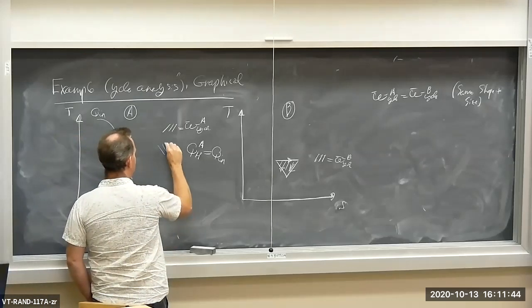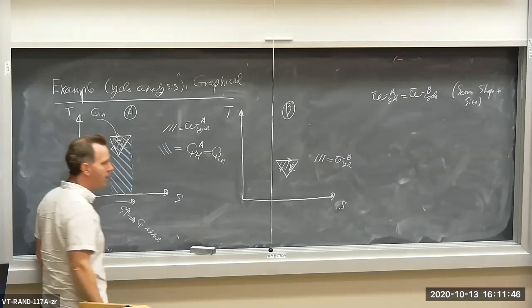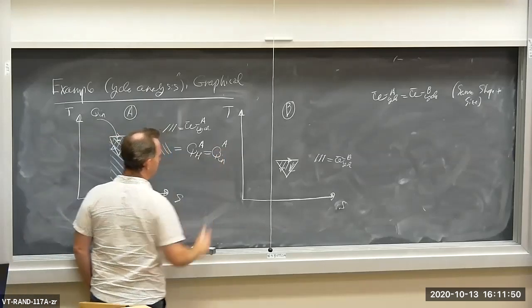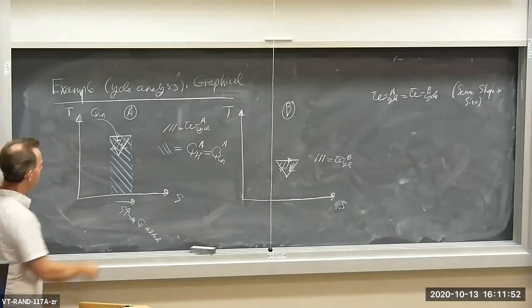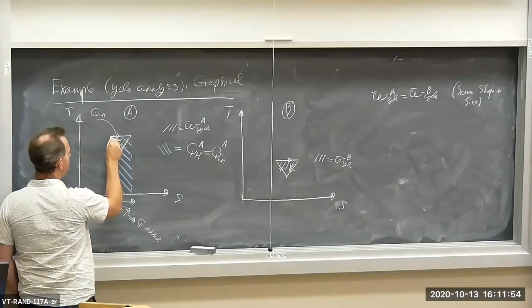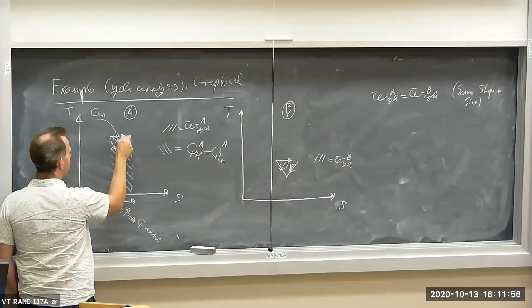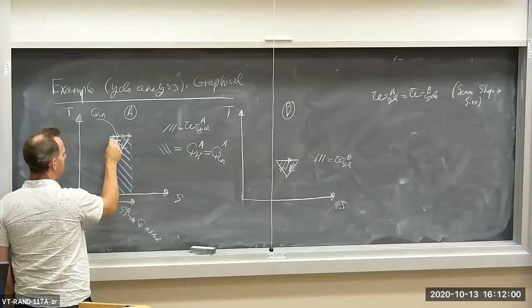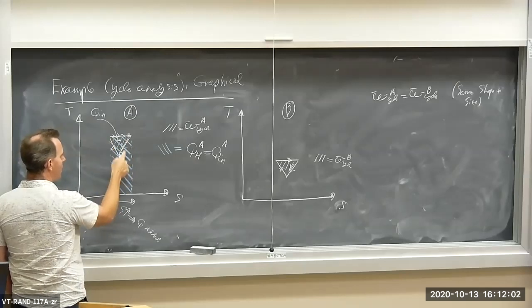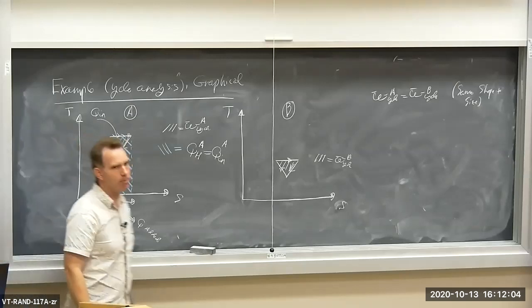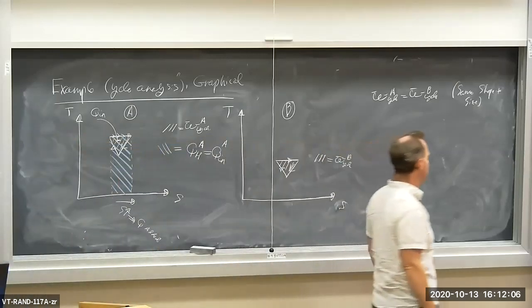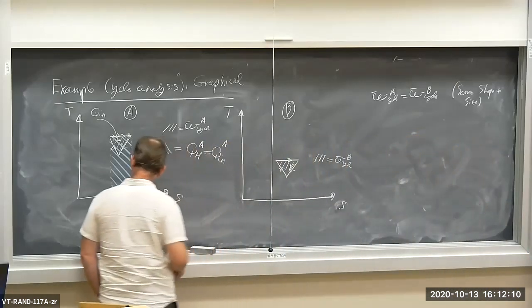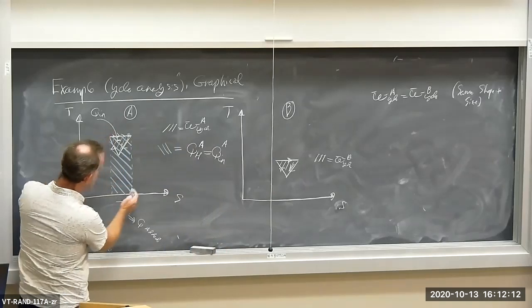So this blue area represents my Q in, or my Q high, if you like, for cycle A. Okay, because entropy is increasing from this point to this point. Everywhere else, from here to here and from here to here, it's declining. So the heat rejection is the area underneath the bottom part of the cycle. Heat addition occurs at the top. Okay, so I got a pretty big area.